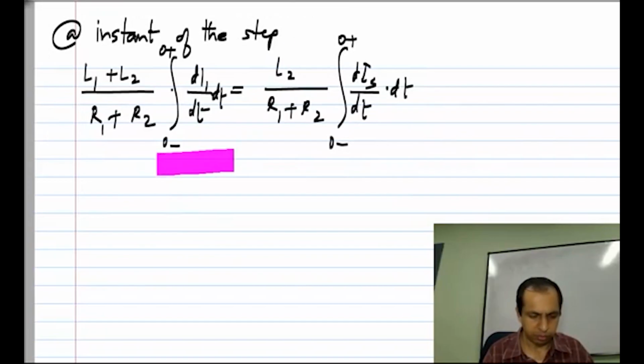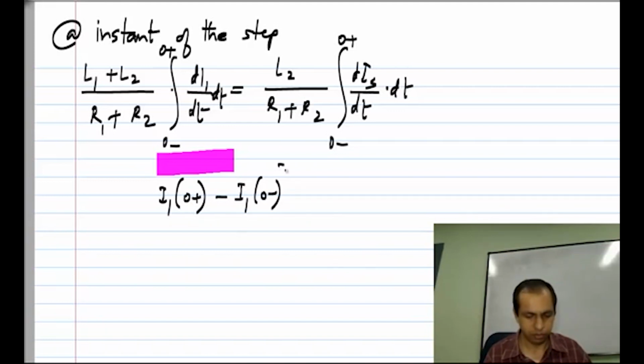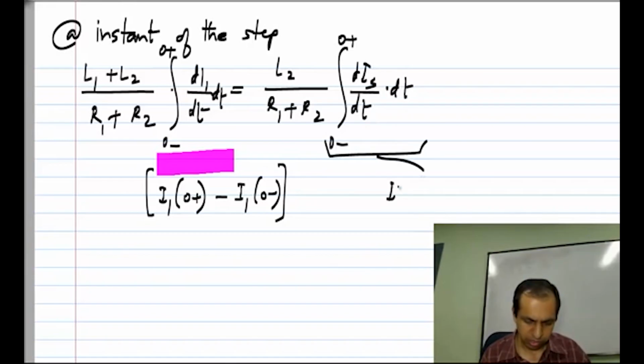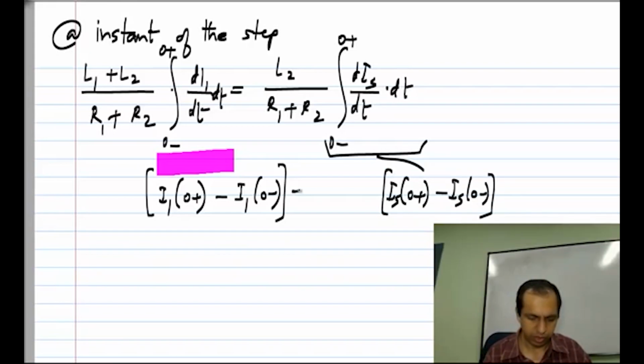If I do this, this quantity is nothing but I1 of 0 plus minus I1 of 0 minus. And this quantity here is nothing but Is of 0 plus minus Is of 0 minus. And I will of course have the same scaling factors on the two sides.